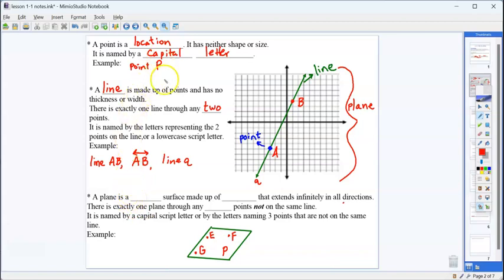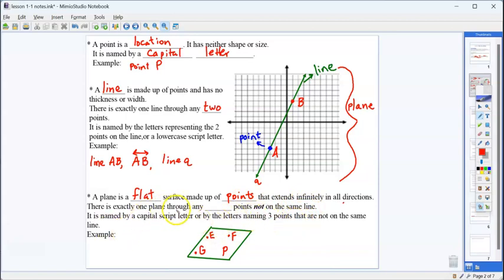And then notice the progression. We started with a point. It takes at least two points to make up a line. And then it takes more than one line, or points, to have a plane. A plane is a flat surface, made up of points, that extends indefinitely in all directions.